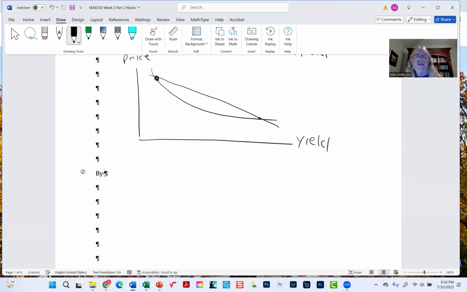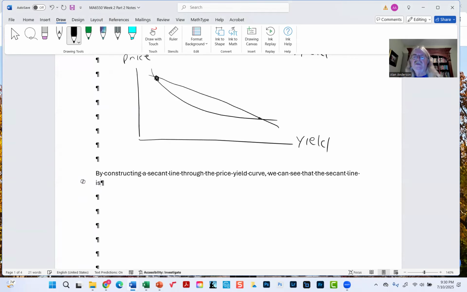Okay, so by constructing a secant line through the price yield curve, we can see that the secant line is everywhere above the price yield curve, which indicates that the curve is convex.